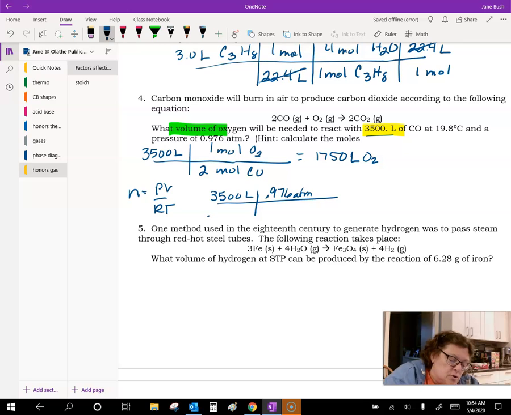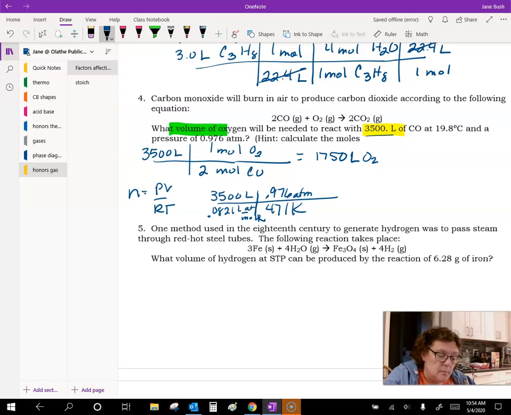Our temperature is 19.8 plus 273, we get 471, and we get 0.0821 liter atmospheres over mole Kelvin, and that will solve for moles.